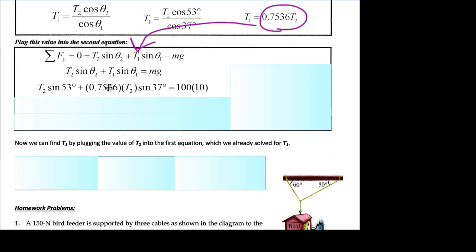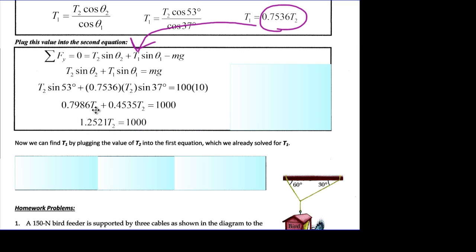Now, if you look at the equation, finally, we're down to 1 variable. Only T2. So now you just do your algebra. Sine 53 is 0.7986. Sine 37 times 0.7536 is 0.4535. And then we have 100 times 10 is 1,000. You don't have to show this step. You can just go from here right to the answer, but I'm just trying to move it along.